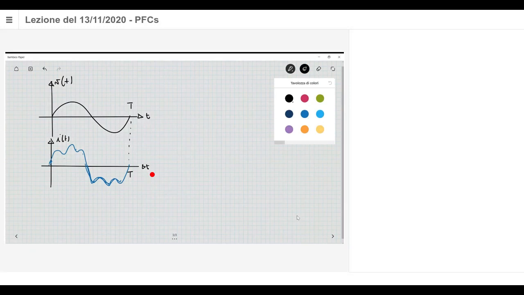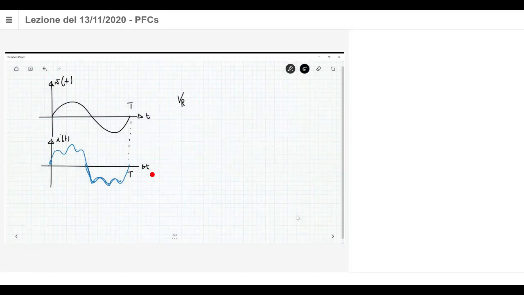We can define the root mean square value of the voltage V, which is the square root of 1 over T, the integral over the period T of V squared dt.